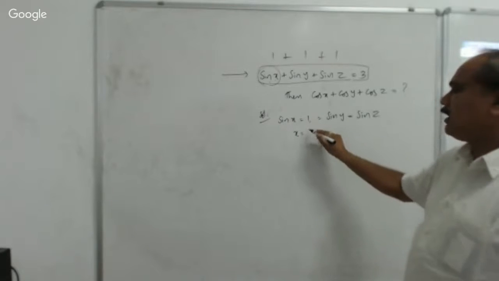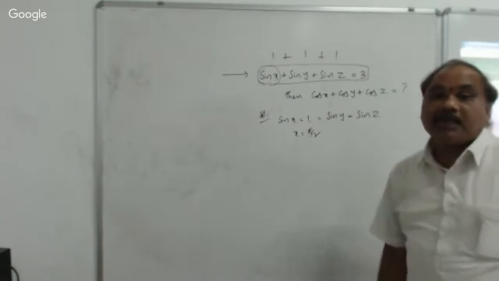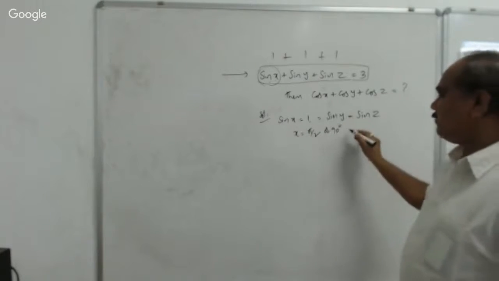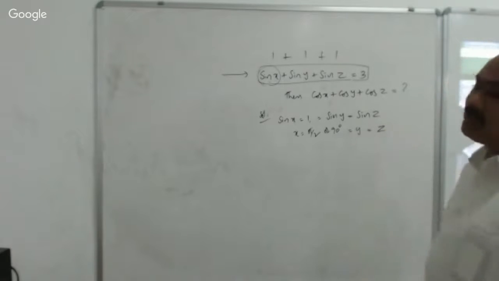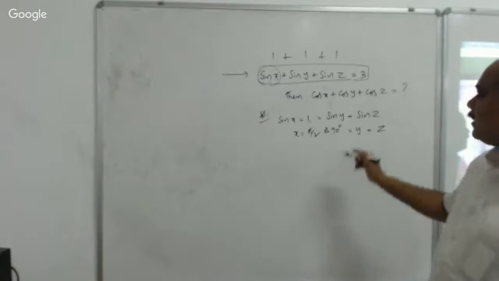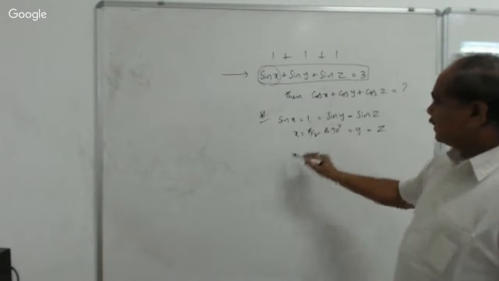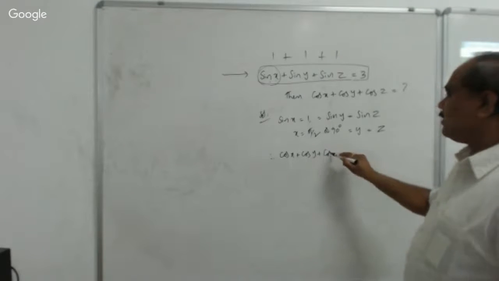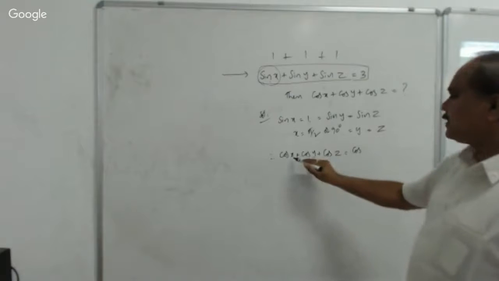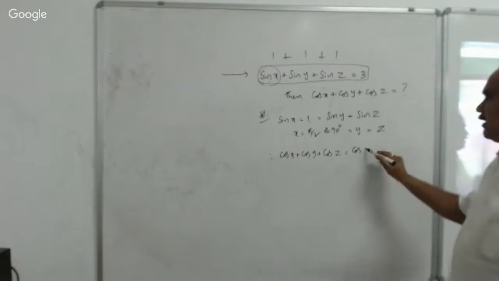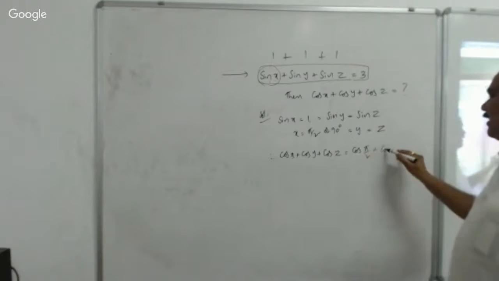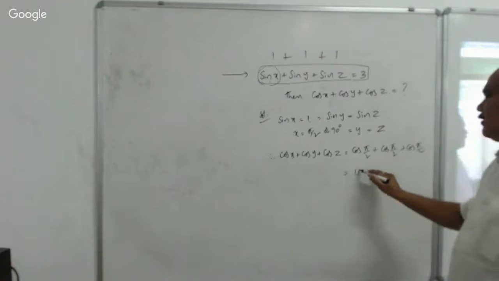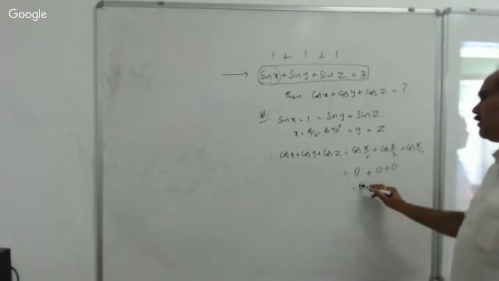Therefore x equals 90 degrees or pi by 2 radians. Similarly y and z are the same. Then cos x plus cos y plus cos z becomes cos 90 degrees, which is 0, plus cos pi by 2, which is 0, plus 0, so 0 plus 0 plus 0.